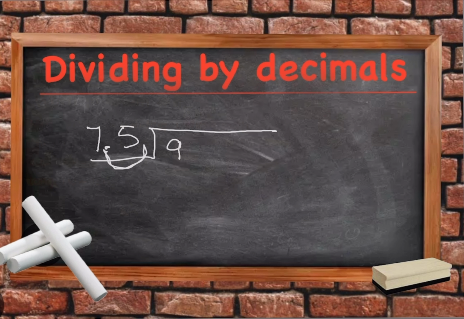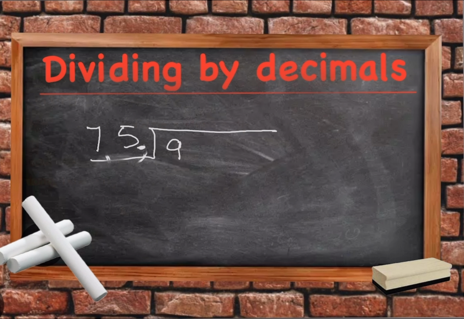Because, for example, if it was 7.556, then we'd have to move it 2 places to the right. But in this case, it's only 7.5. So now we have to move it to the right, and we have to put the decimal there.